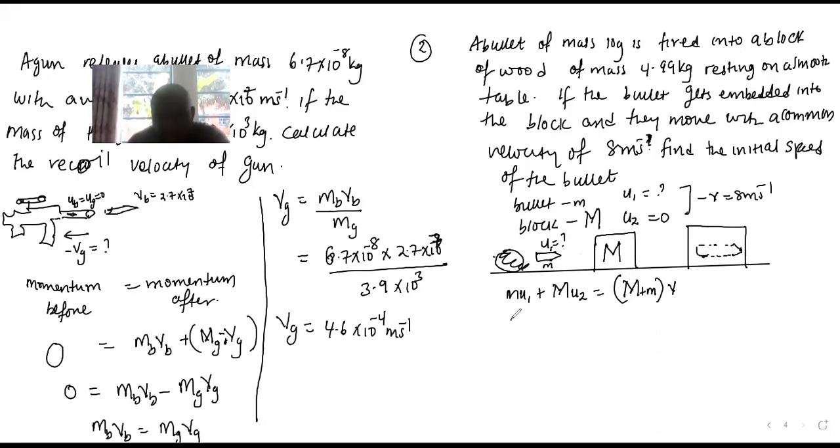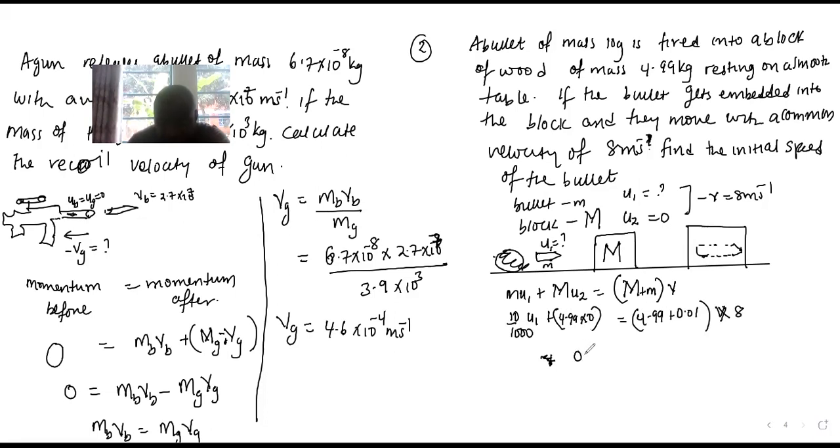The mass of the bullet is 10 grams, so 10 over 1,000 times U1 plus 4.99 times 0 is equal to 4.99 plus 0.01 times the common velocity, which is 8.